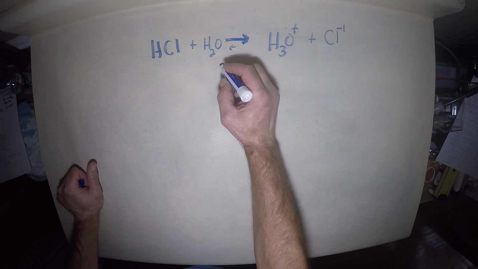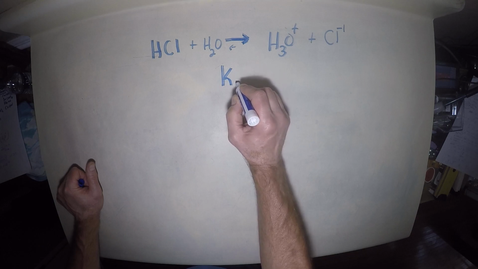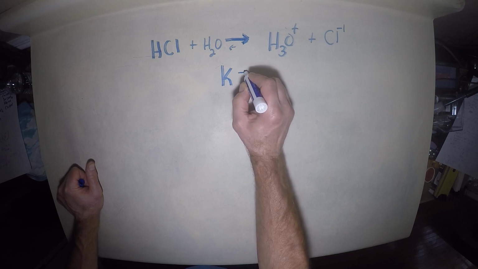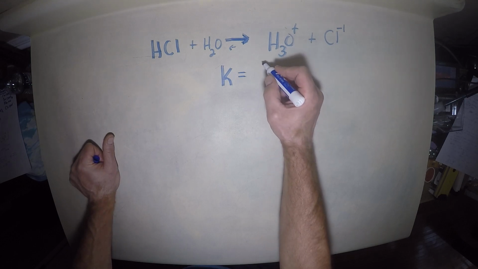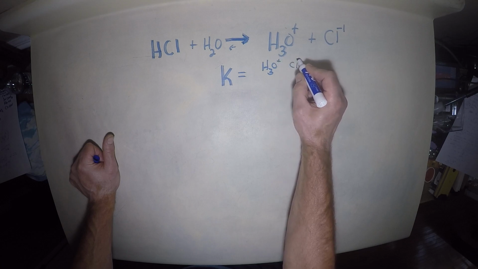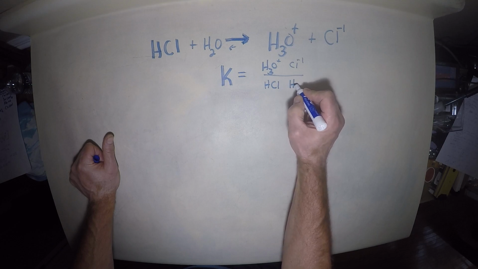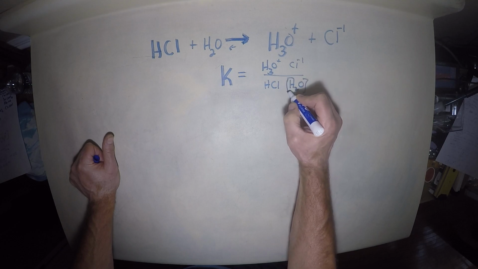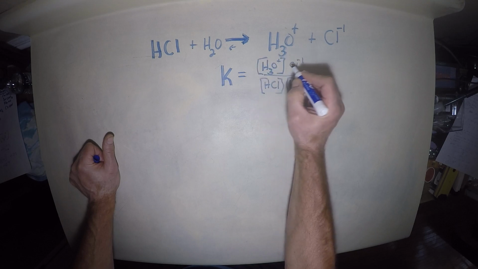Another way to describe it mathematically is what's called the K value. And the K value stands for equilibrium. And the K, the equilibrium expression, is always the products' concentration divided by the reactants' concentration. And the brackets indicate molarity, or moles per liter.